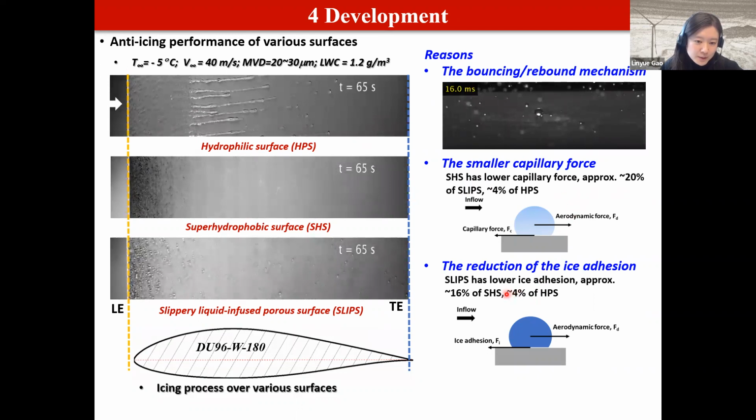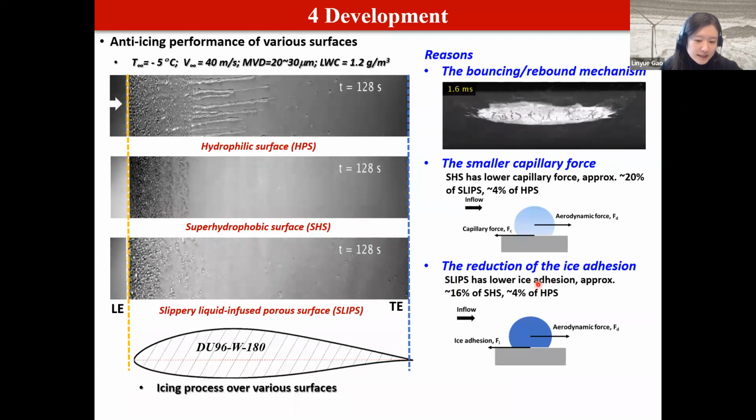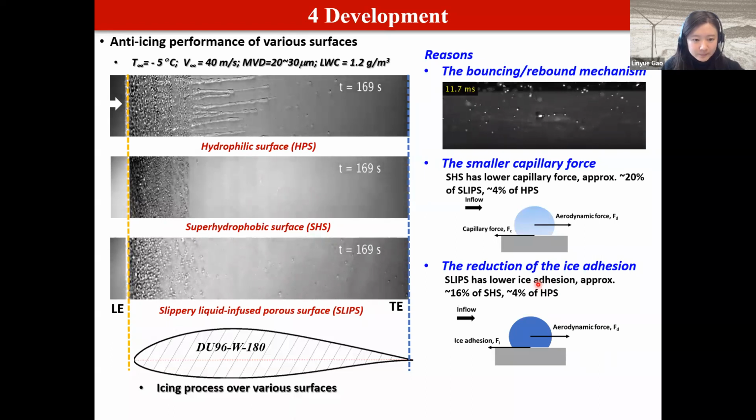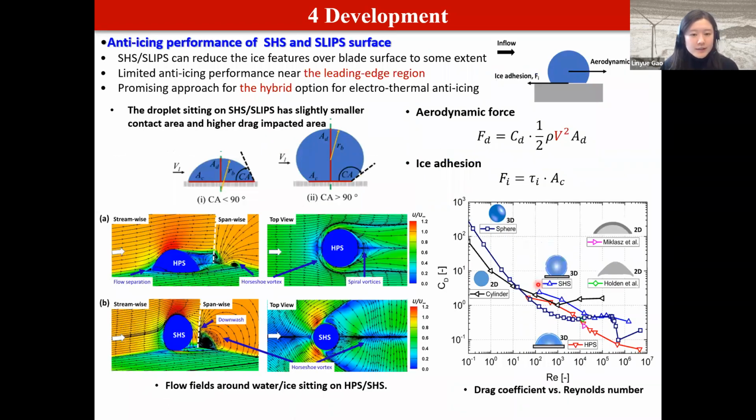And the third reason is related to the reduction of the ice adhesion. The slip surface has a much lower ice adhesion, and so does the superhydrophobic surface. So we can see the superhydrophobic surface or the slip surface can reduce the ice structures created on the blade surface.